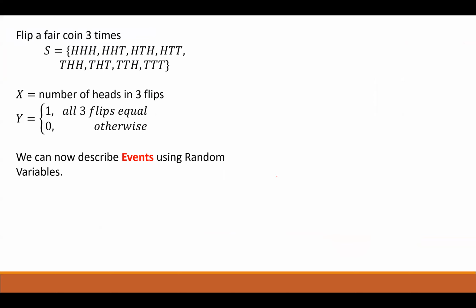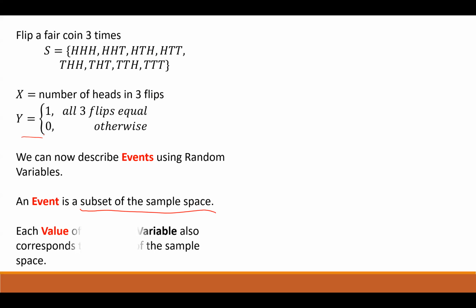All right. So now we have our sample space, we have our probability function, and we have our random variables. Now we can define events based on these random variables. An event still has the same definition it's always had: it's a subset of the sample space. We typically describe it in English, but now we can describe it using these random variables and their values.